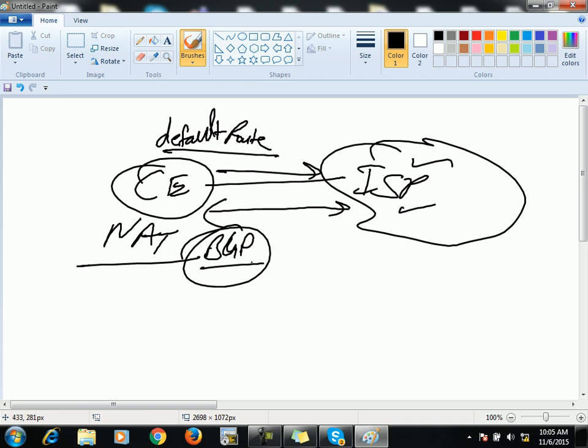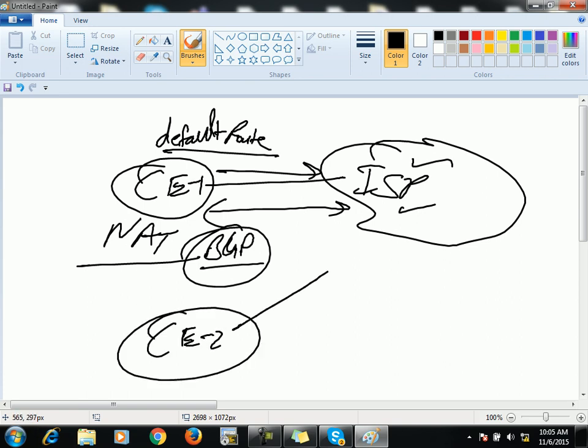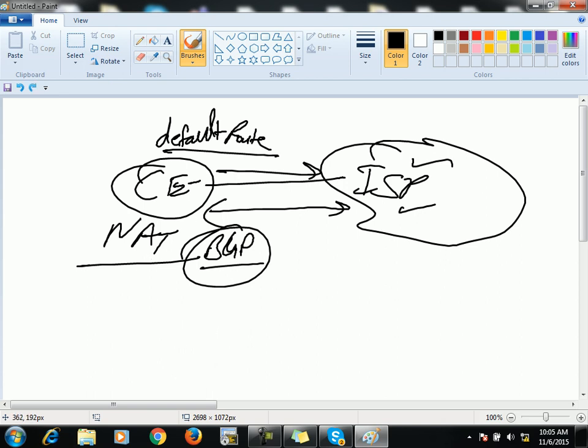Second, let's say this is CE1 and this is CE2, or on CE1 itself, we now have two different internet connections. Then you will be configuring two default routes, right? And now there is a rule that even if your router has two different default routes, it cannot perform load balancing.